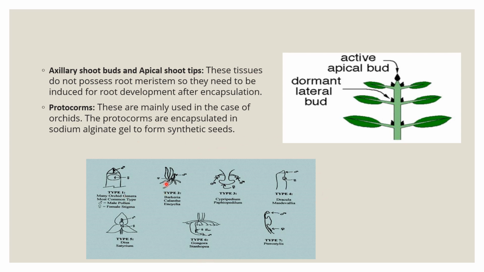This was released by an Australian university. In earlier days, we could not produce somatic embryogenesis in orchids. Now, with new technologies, from the protocorms we can produce synthetic seeds in orchids.